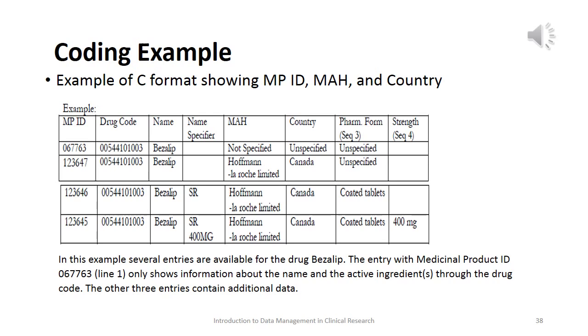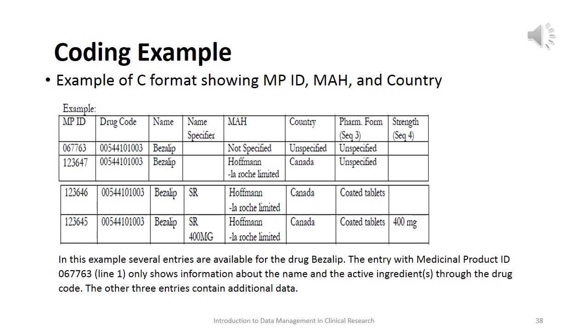The entry in the medicinal product ID column in the first line is 067763. You can see that on line 1. It only shows the information about the name and the active ingredient through the drug code. The other 3 entries below contain additional information.